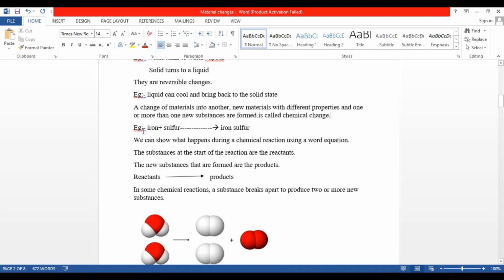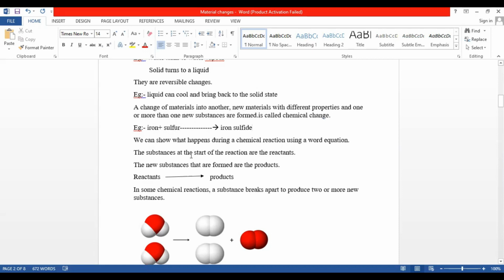Example has given: iron and sulfur are combining together to form iron sulfide. Another thing, we can show what happens during a chemical reaction using a word equation. This example is showing a word equation. We are showing all the things happening in the reaction by using the words.